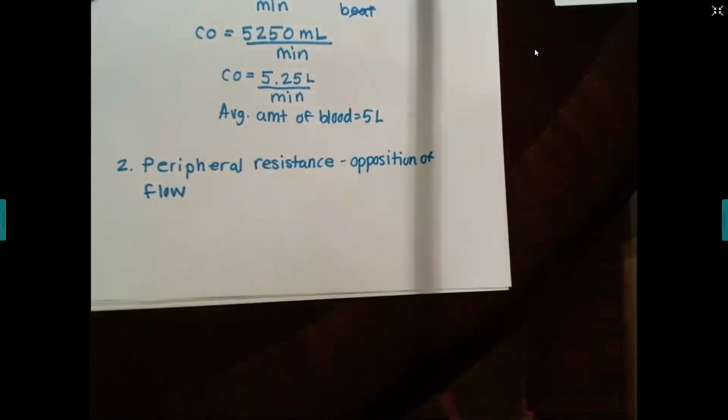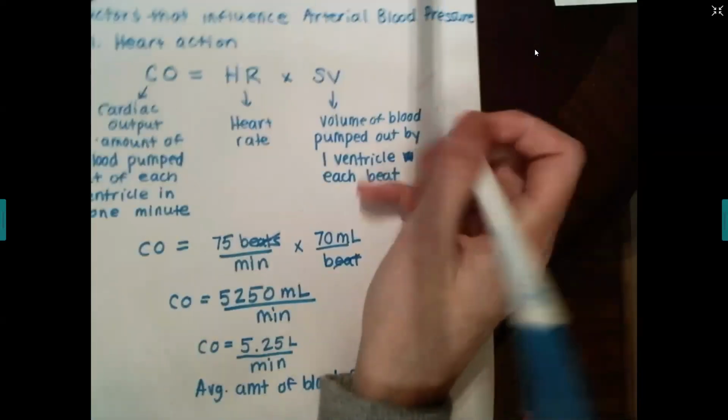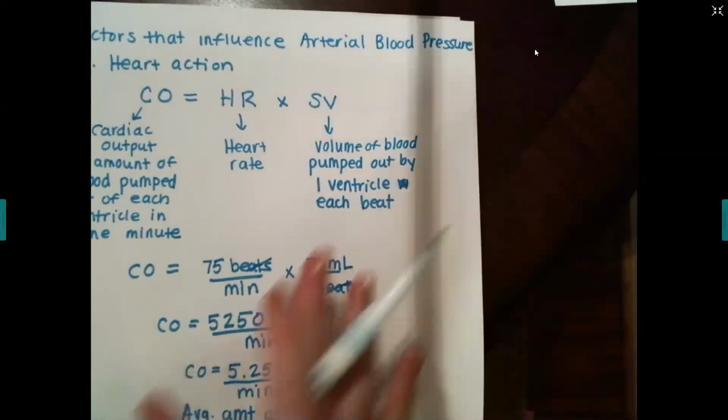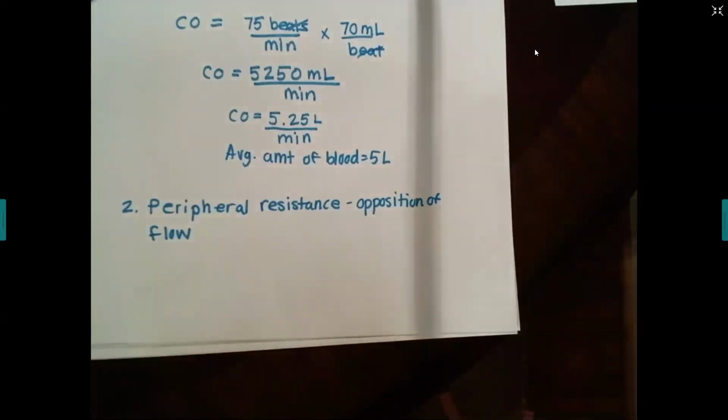What could be causing this peripheral resistance, the opposition of blood flow, which can then influence blood pressure? Well, the way to interfere with pressure is to increase it or decrease it. But how do I increase or decrease pressure in a blood vessel? Okay, sure, your heart can pump harder. Sure, you could have a clot or you could have a plaque buildup. We won't think about that right now.